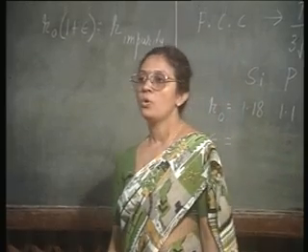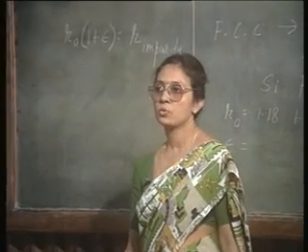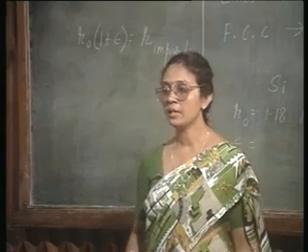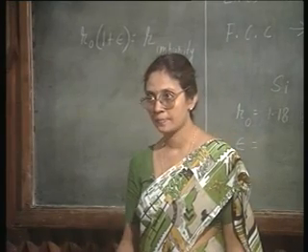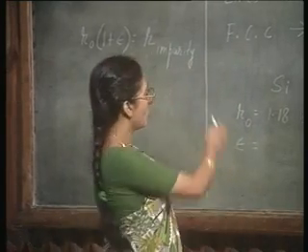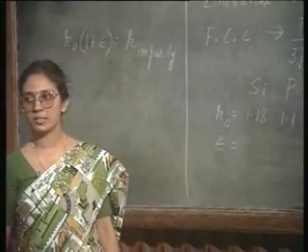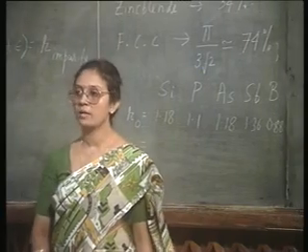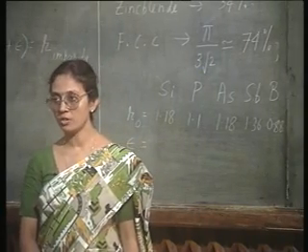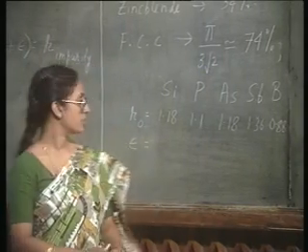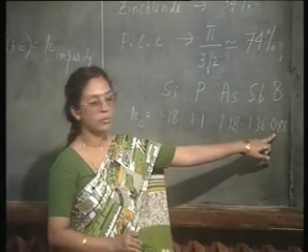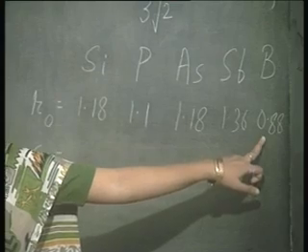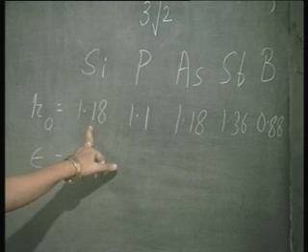So, we correlate the two tetrahedral radii by the misfit factor, and obviously from this you can see that the misfit factor is going to be very large for boron, because the tetrahedral radius of boron differs maximum from that of silicon.